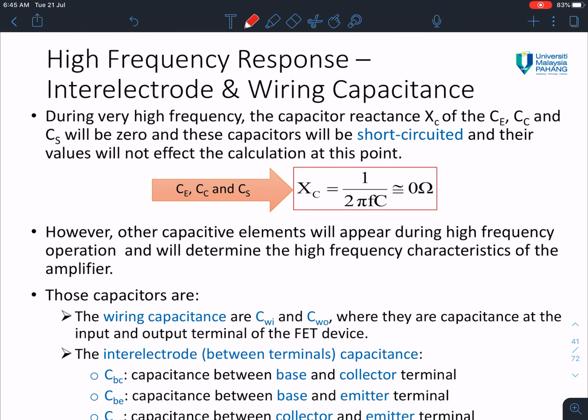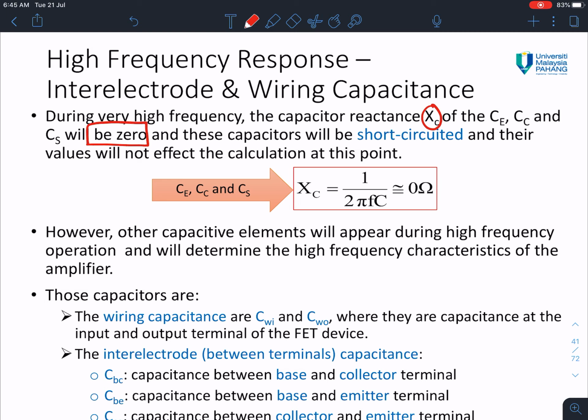Next, there is a little bit of additional consideration compared to the low frequency. For the high frequency response, the capacitive reactance Xc of CE, CC and CS will be 0. Remember that, it will be 0.